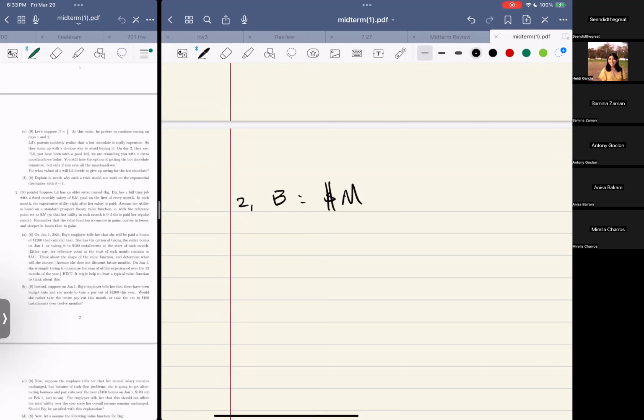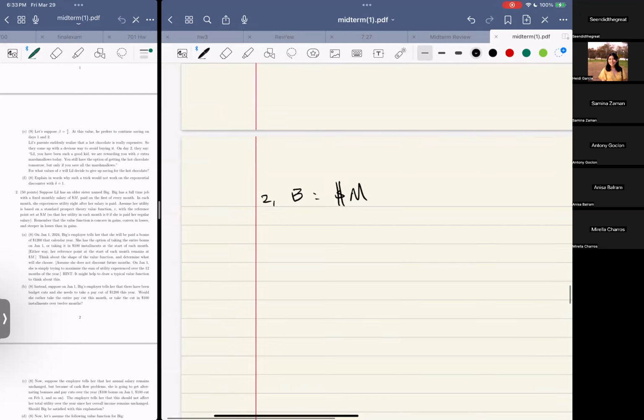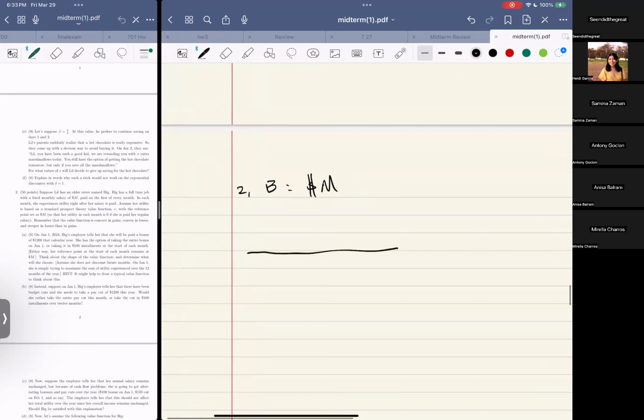In each month, she experiences utility right after her salary is paid. Assume her utility is based on the standard prospect theory value function. It looks like something like this, right?